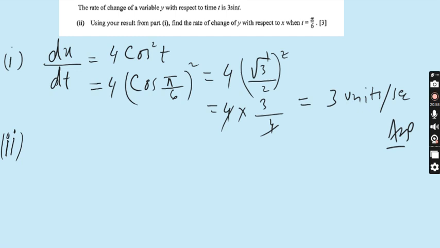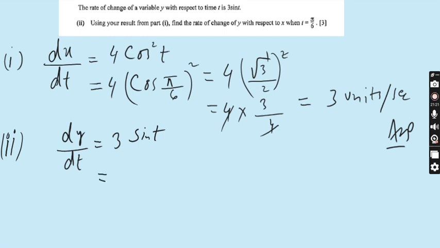The rate of change of variable y with respect to time is 3 sin t. So dy by dt is given 3 sin t. Using your result from part 1, find the rate of change of y with respect to x when t is equal to pi by 6.